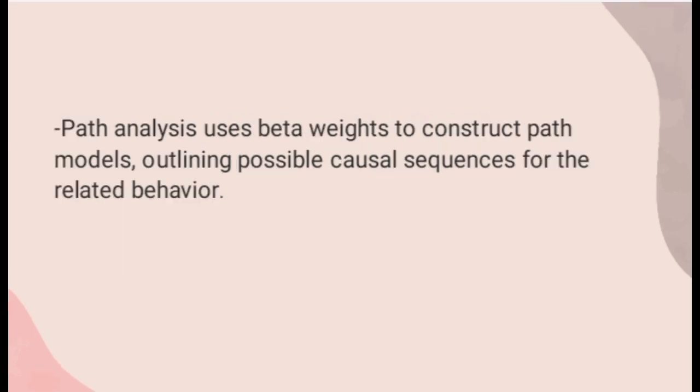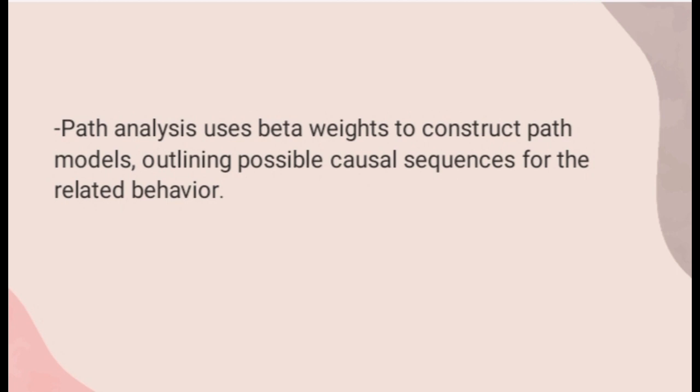Path analysis uses beta weights to construct path models outlining possible causal sequences for the related behavior. Researchers use beta weights to build these path models, which basically show the strength of the connection between different behaviors or traits. So a beta weight in path analysis indicates how much one variable, like a trait or behavior, influences another variable.